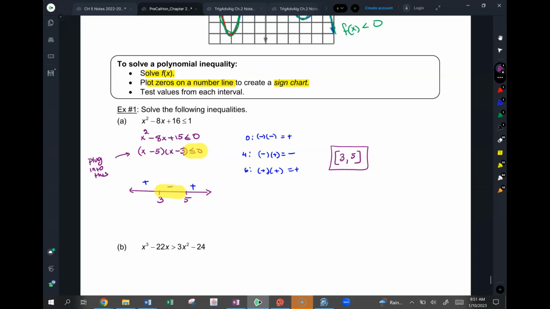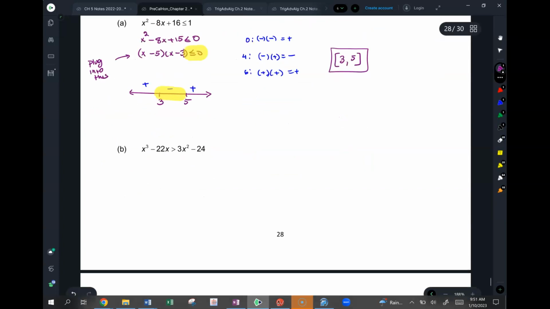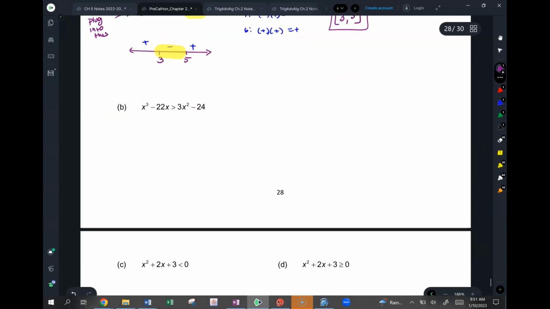Okay. Now, let's do this next one. Let's bring everything to the same side. So I get x cubed minus 3x squared minus 22x plus 24 greater than 0.